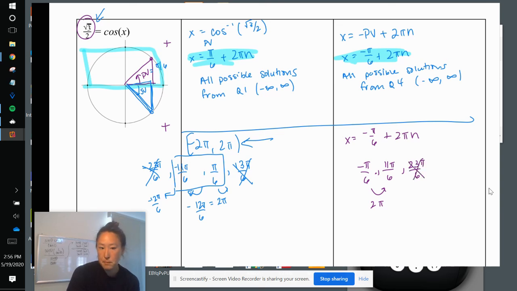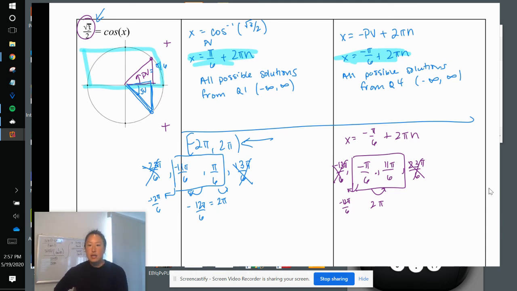Too big. So we're going to subtract 12. 1 minus 12 is negative 13 pi over 6, which is too small, actually. So the two angles that work are negative pi over 6 and 11 pi over 6.